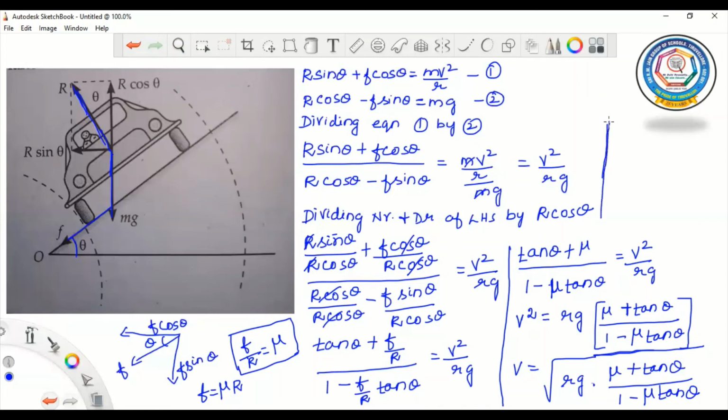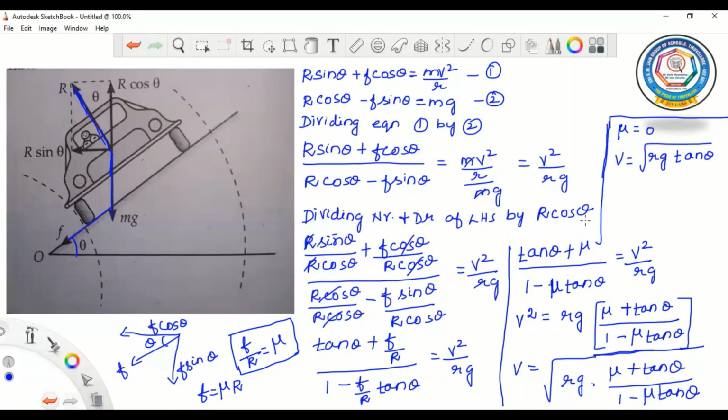What will happen to this expression, children? v is equal to root of rg into, so this term will become 0 and again this term will become 0. So finally we will get rg into tan theta. So v is equal to root of rg tan theta.